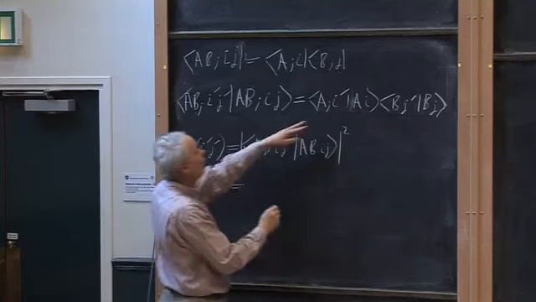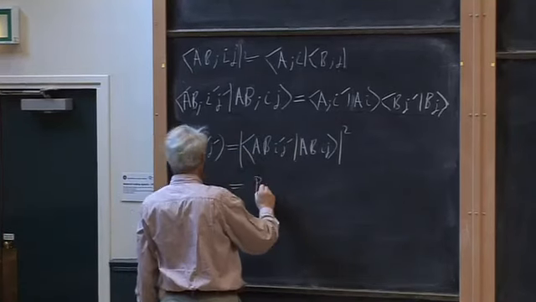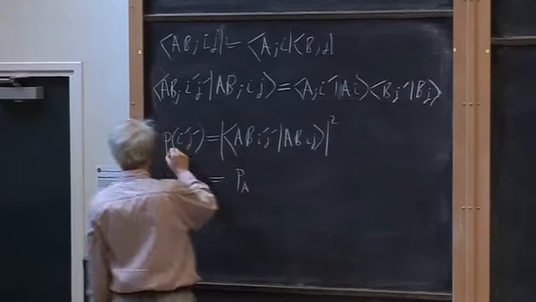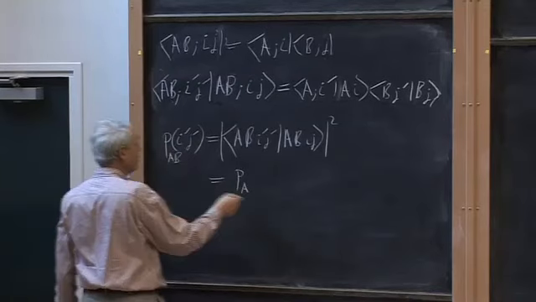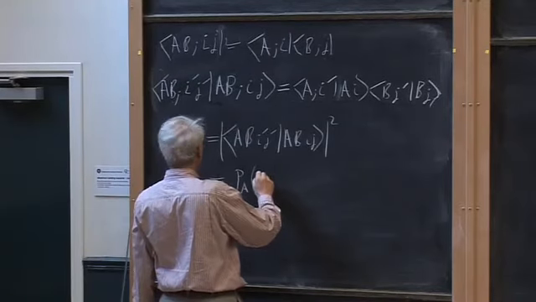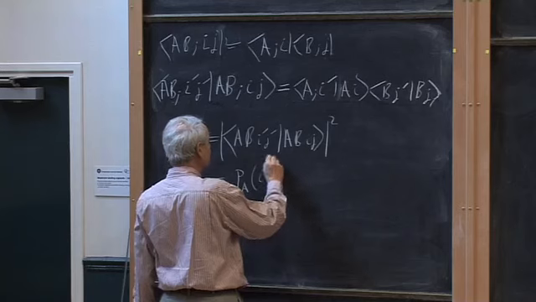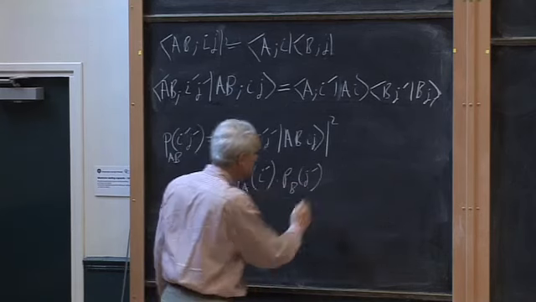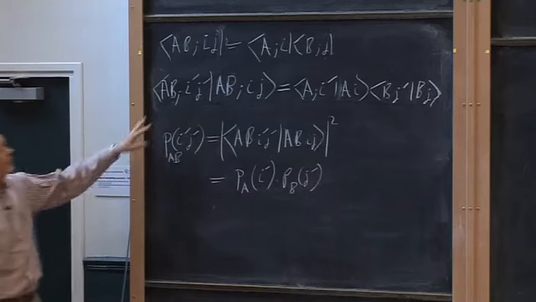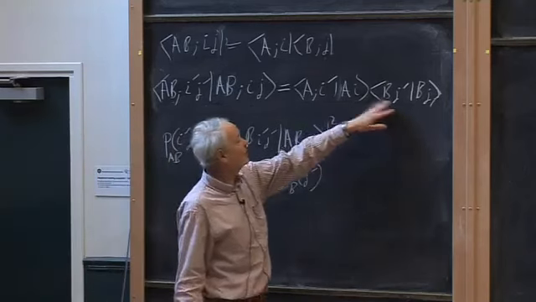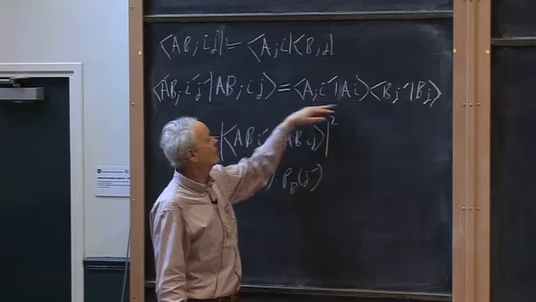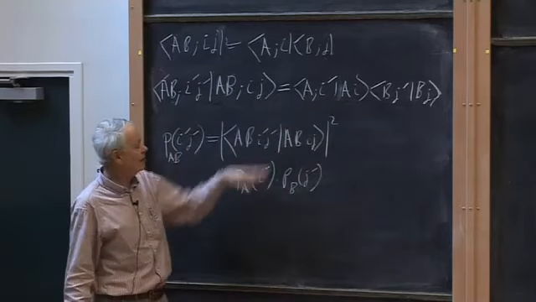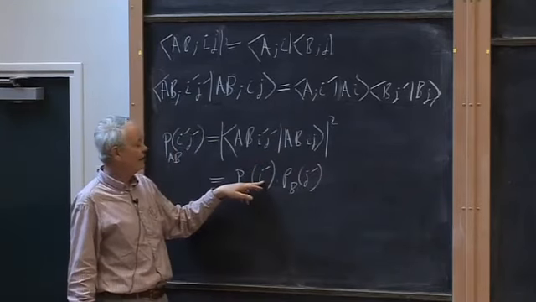According to this formula, this is equal to the product of the probability for system A of getting the result i primed times the probability of getting the result j primed. Because if I take the mod square of both sides, the mod square of this product is the product of the mod squares. The mod squares on this side, by definition, are these probabilities.